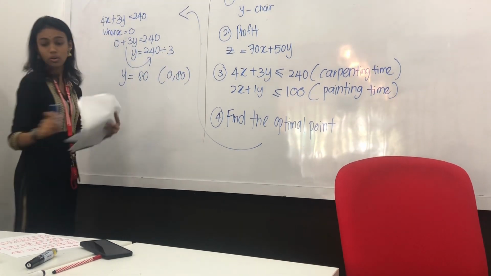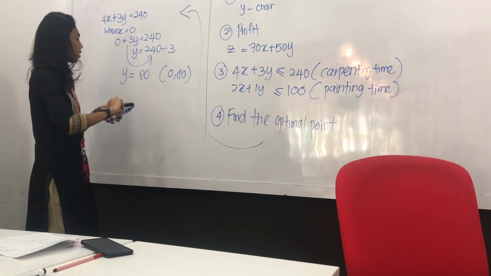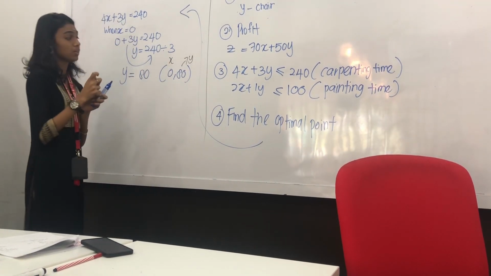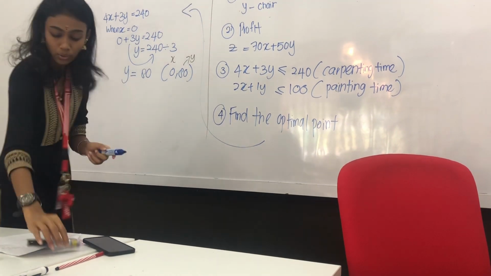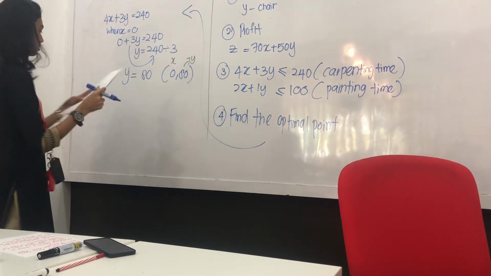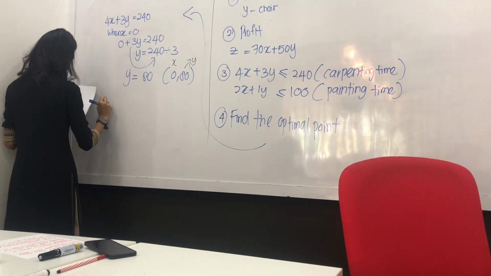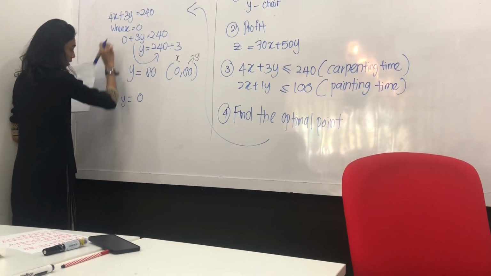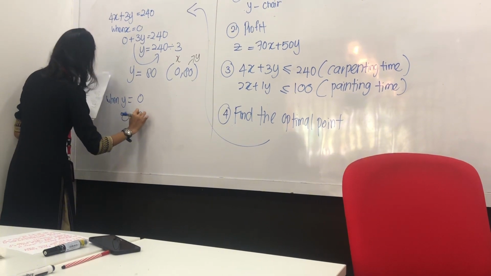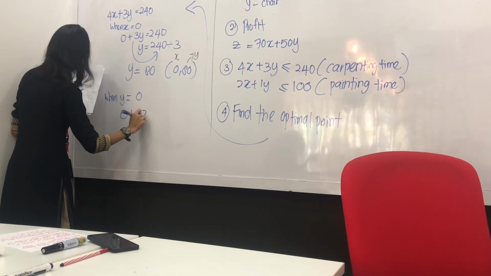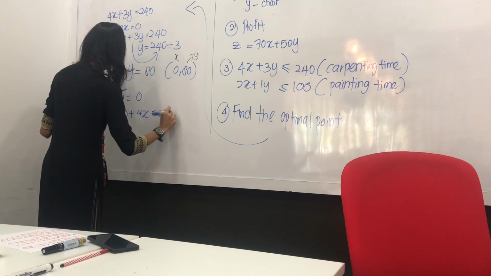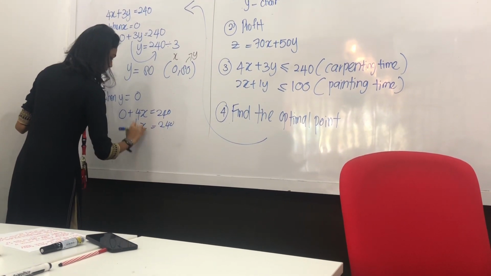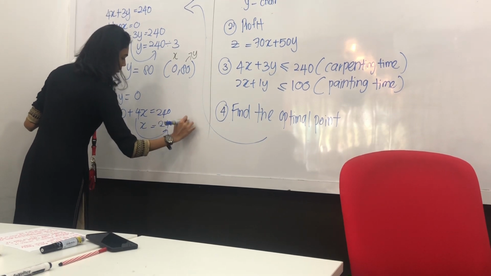This is y and this one is x. So we haven't calculated the x. Now we calculate the x. When y equals 0, using the same method, 0 plus 4x equals 240, so x equals 240 divided by 4.